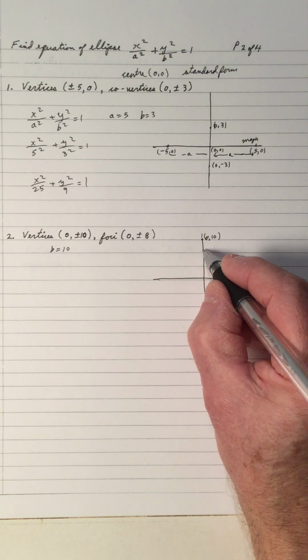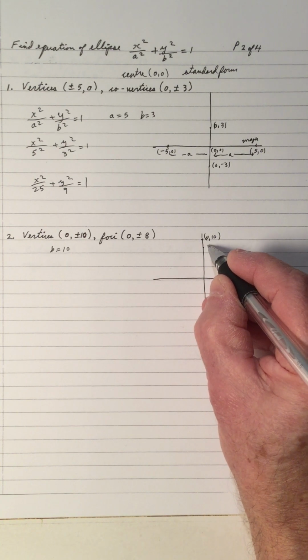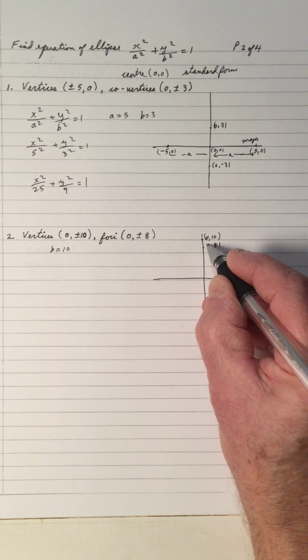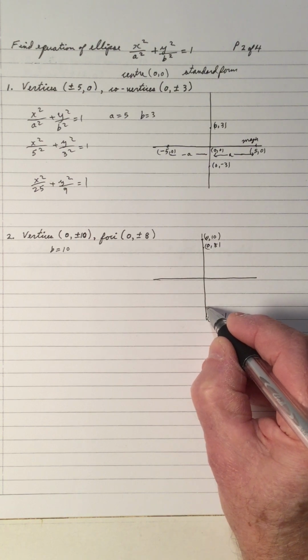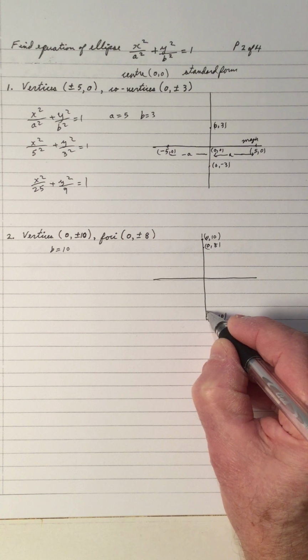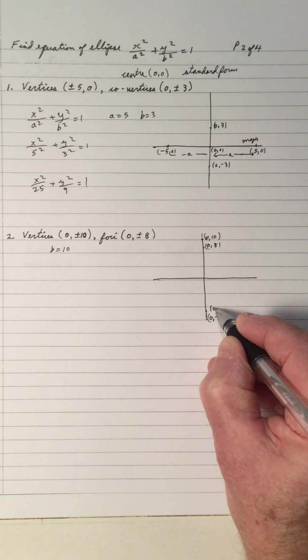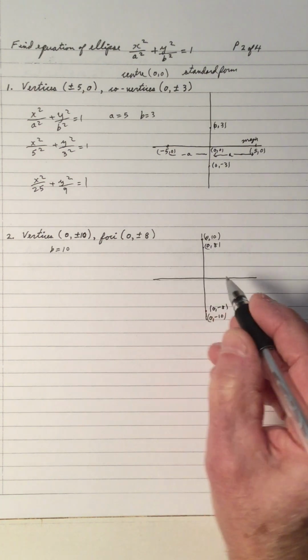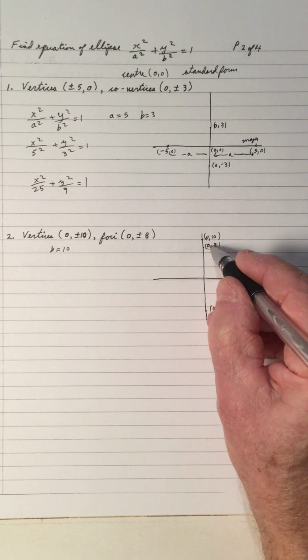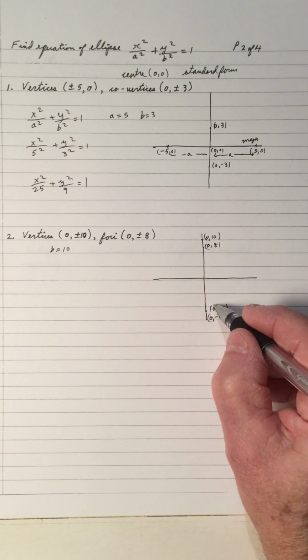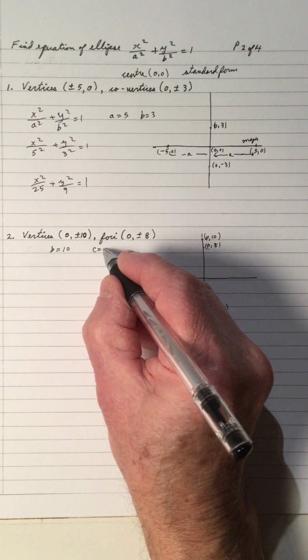The foci are 8 units from the center, so they are at 0, 8 and 0, negative 8. The distance to the foci is c units, so c is 8.